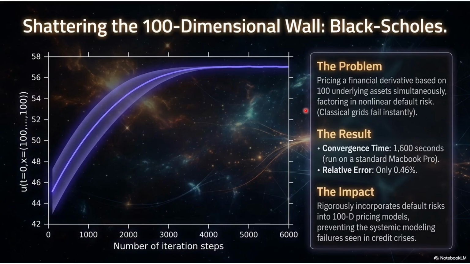Now let's look at the real world results of shattering that 100-dimensional wall in the Black-Scholes equation. The problem was pricing financial derivatives based on 100 underlying assets simultaneously while factoring in nonlinear default risk, a task where classical grids fail instantly.